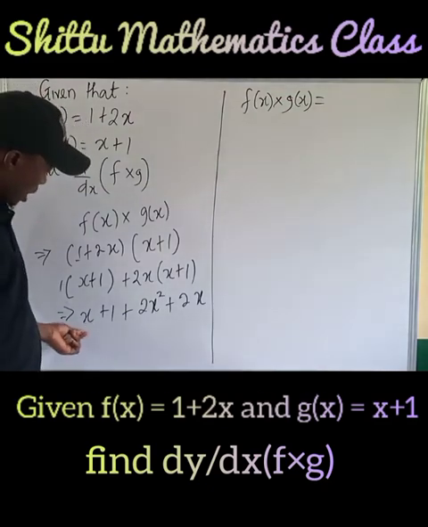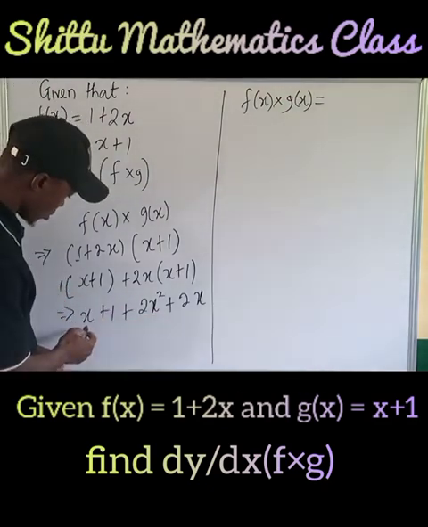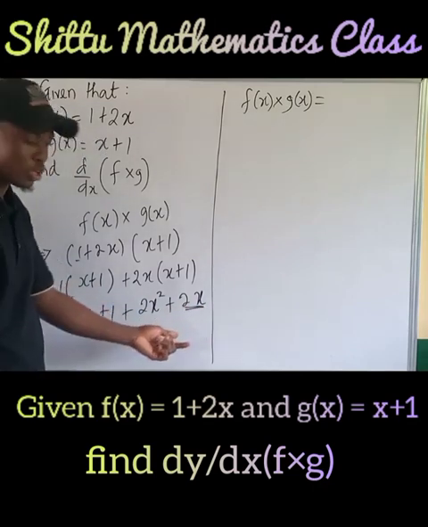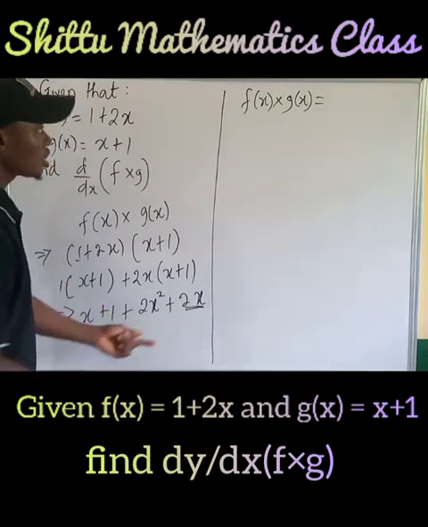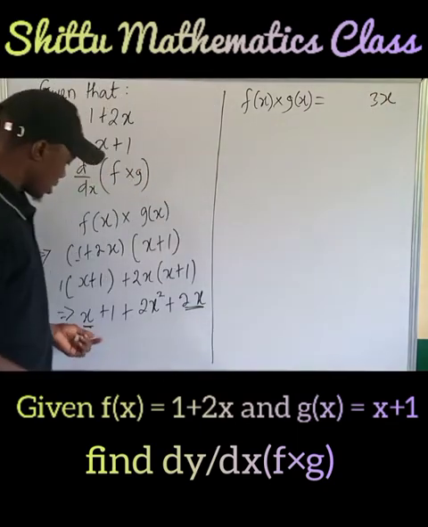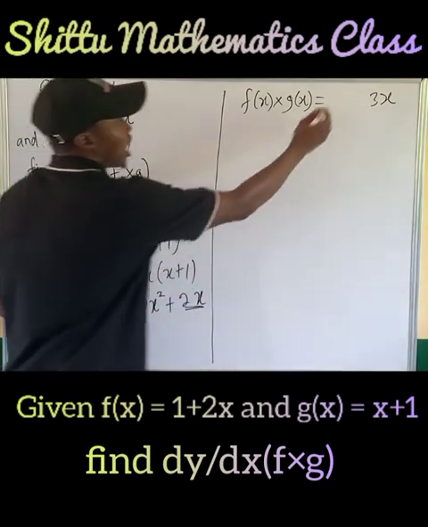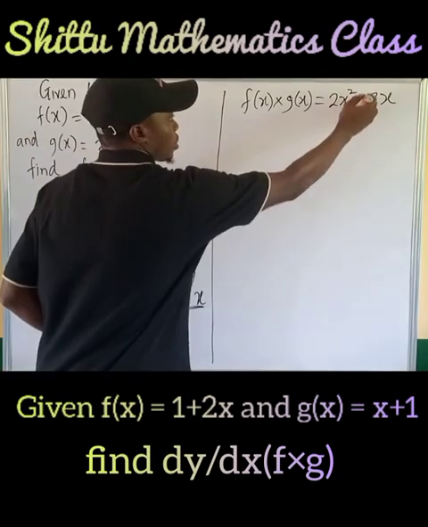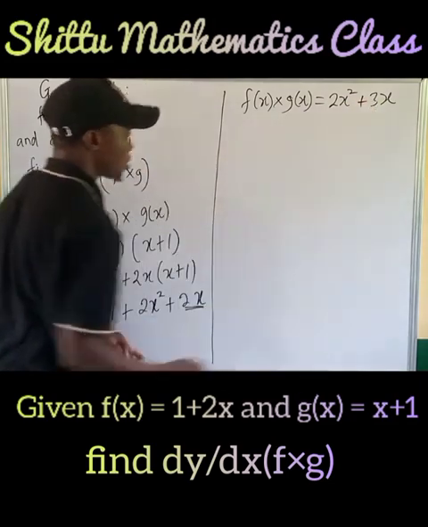Okay, so now x plus 2x, we want to collect the like terms. x plus 2x is going to give us 3x. We are going to have 3x here. Then 2x squared, we have 2x squared here, then plus.